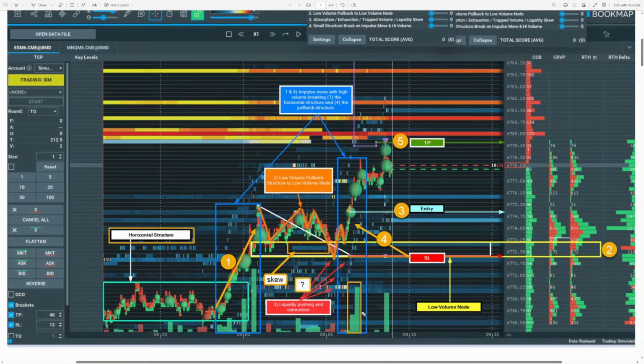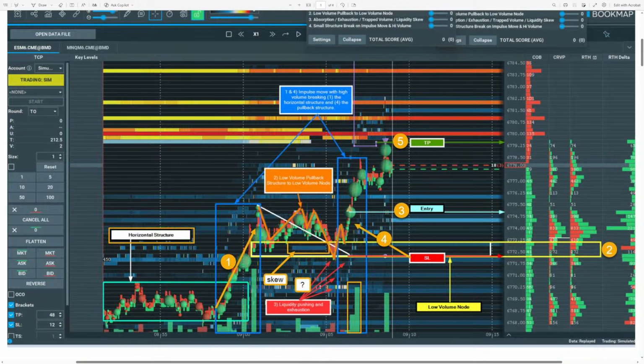Yes, this is the volume of the impulse move, and the volume during this kind of pullback is lower than the volume of the impulse move. So I decided to enter when this structure is broken. Okay.